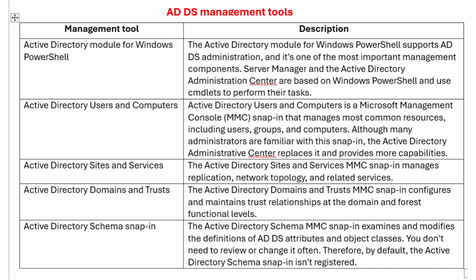Active Directory Sites and Services. The Active Directory Sites and Services MMC snap-in manages replication, network topology, and related services. Active Directory Domains and Trusts. The Active Directory Domains and Trusts MMC snap-in configures and maintains trust relationships at the domain and forest functional levels. Active Directory Schema snap-in.